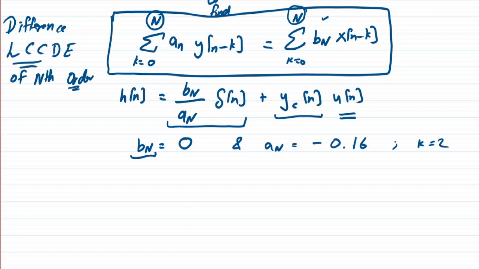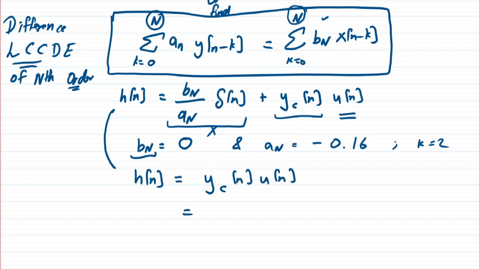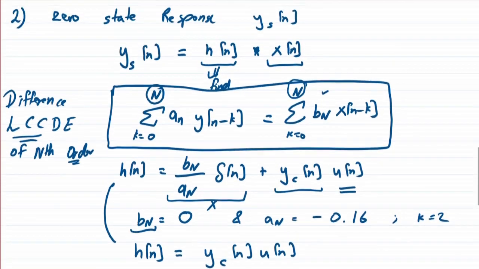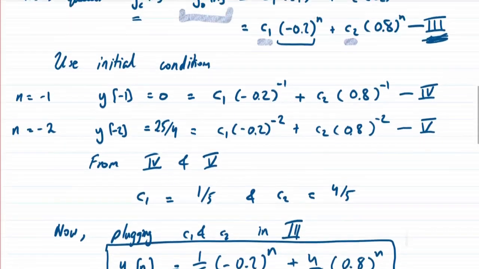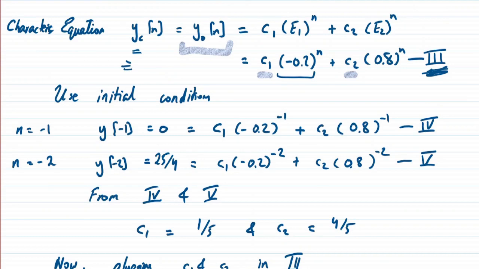So in this case we can simplify this and say our h of n is simply b_n by a_n, but b_n is 0, so this whole part would cancel off. So we would have the characteristic response y_c of n times u of n, and we already know it from equation number 3, which is over here.